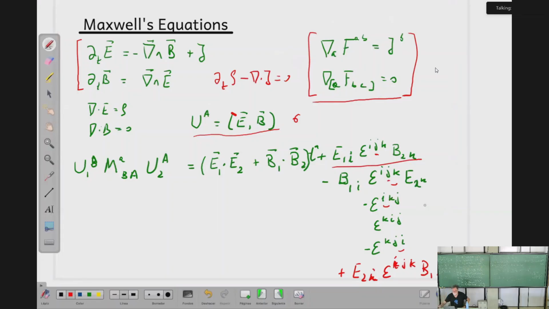Notice that this is the reason that we have a minus here and a plus here. For instance, if you write Maxwell's equations with the same sign here and the same sign here, they will not be symmetric. It will be an elliptic equation, and you will try to solve it, and you will have things growing like crazy.